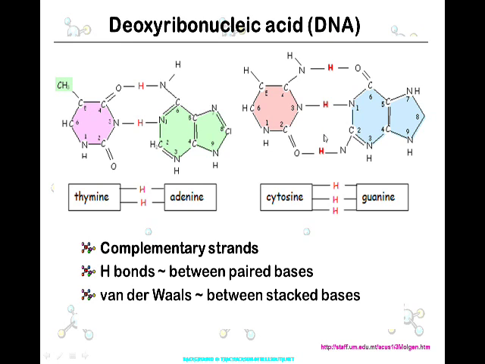Remember, this is not a covalent bond. It's a weaker hydrogen bond. And we say they're complementary. So look at the connection. DNA that has more C's and G's in it actually has a little stronger connection across the middle than ones that have more A's and T's, because they have that extra hydrogen bond holding those C's and G's together.